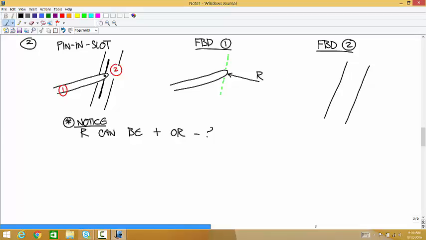Whichever way I chose this one has to be opposite because of Newton's third law. Any questions about that one?